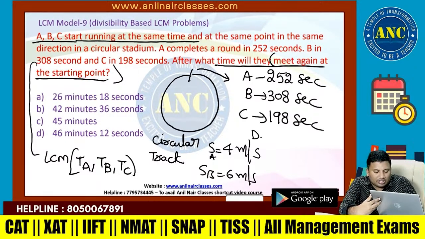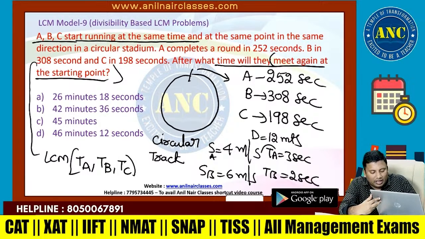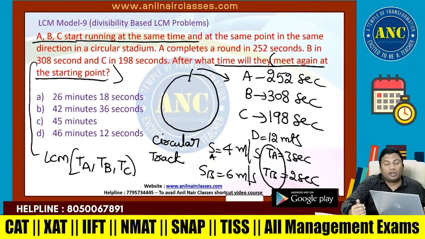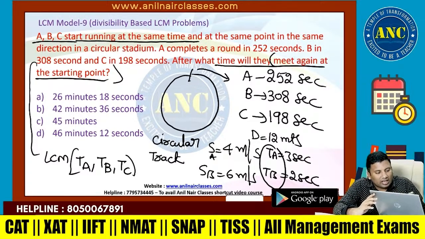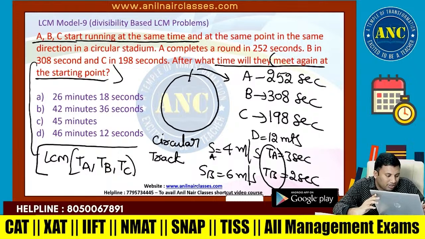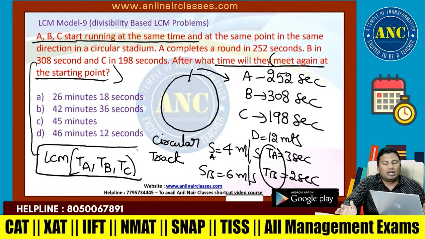If the distance is 12 meters, time taken by A will be 3 seconds and time taken by B will be 2 seconds. When will they meet? 3 and 2 will meet at 6, which is the starting point. So the time taken to meet again at the starting point is nothing but the LCM of TA, TB, TC.